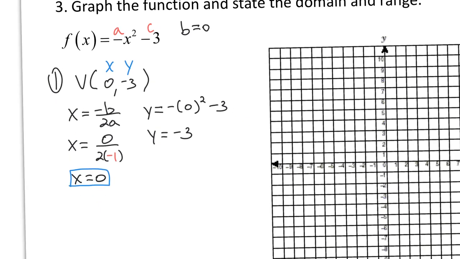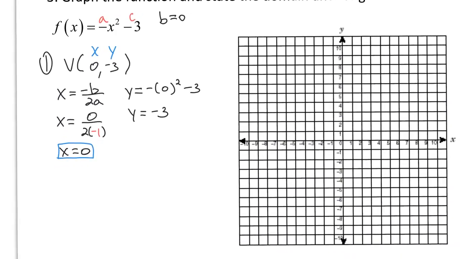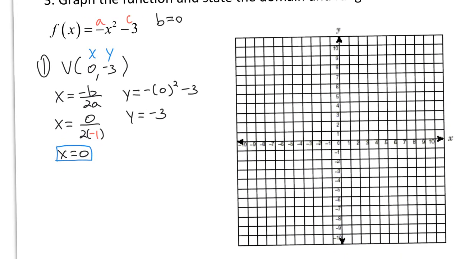Let's go ahead and plot that point on your coordinate plane. So 0 and negative 3 is going to be right here. Step number 2, you guys are going to look for your axis of symmetry. So step 2 here, we have axis of symmetry. And you guys are going to draw that vertical dashed line through the vertex. So we know the vertex is right here, the one we plotted.